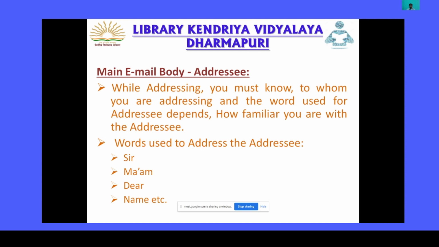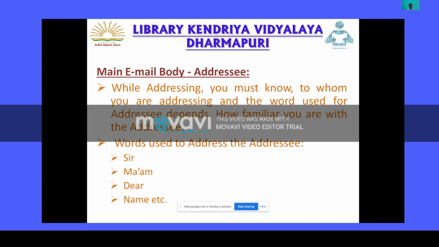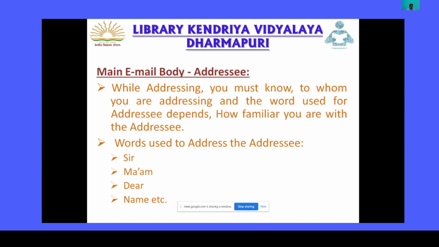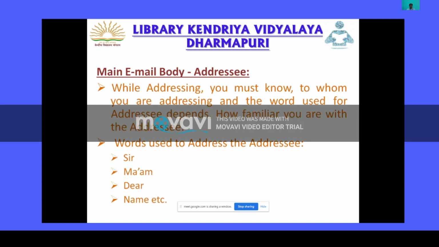If you are writing an email to your friend or your younger brother, sister, or any other relative, you can use dear and then the name. But if you are writing an email to an unknown person, you can directly address him by his name.